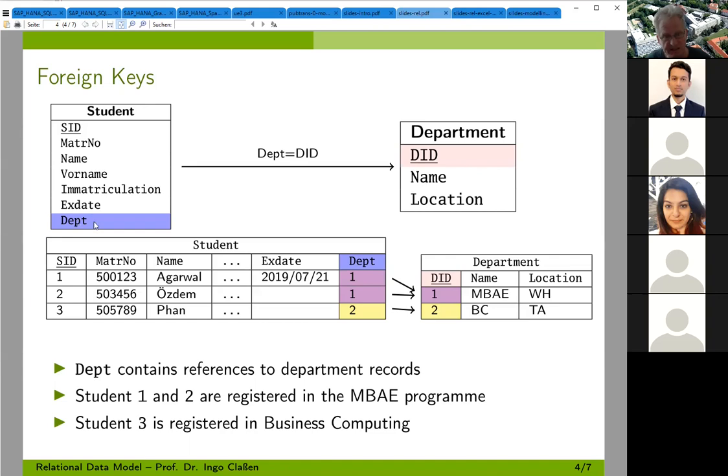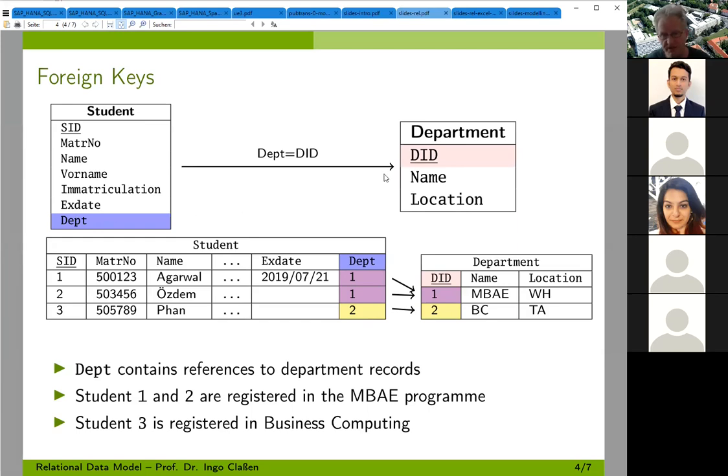That is a column that is related to the primary key column of the target table, which in this case is department. And the primary key of the department table, I've called it DID, and the foreign key here must not have the same name. It could have any name.